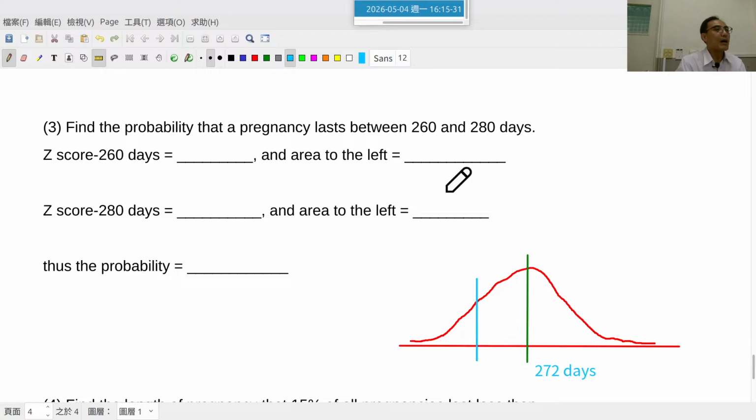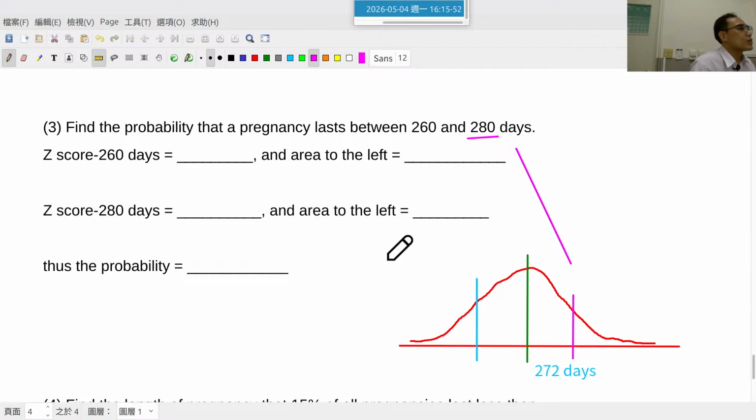How about 280, greater or smaller than the average? Greater, so I use the purple one, and we expect 280 to appear somewhere here.